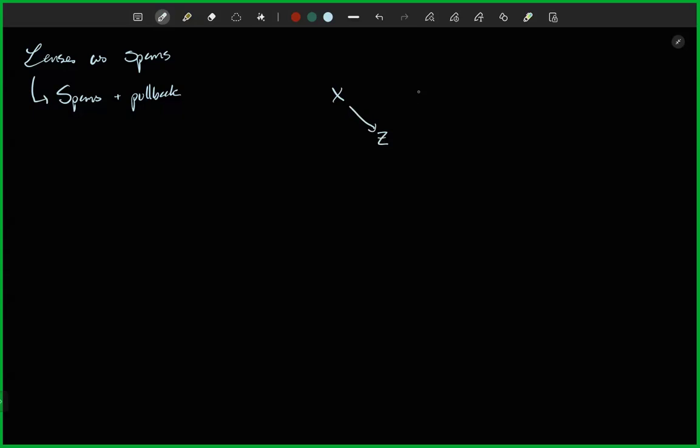here's my reminder. The pullback in sets is going to be a completion to a square, like this. And we mark this square by this little corner to say that that square is a pullback.